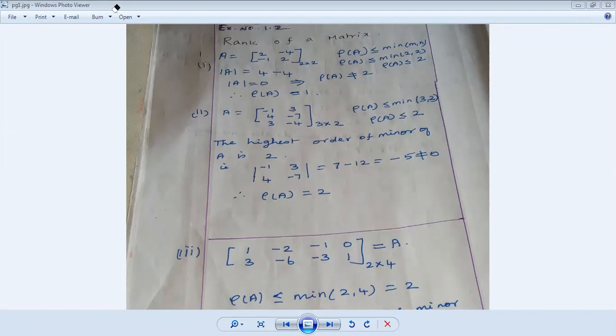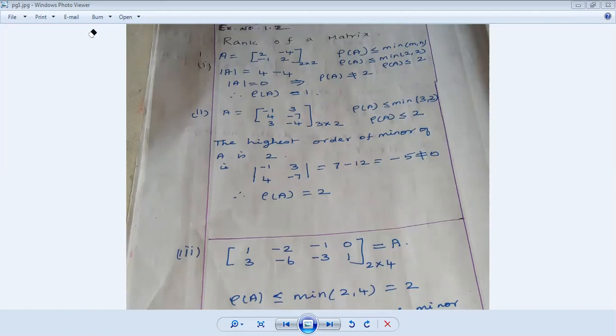So for the value of the determinant, you can take any minor: first row, second row, or first row, third row, or second row, third row.